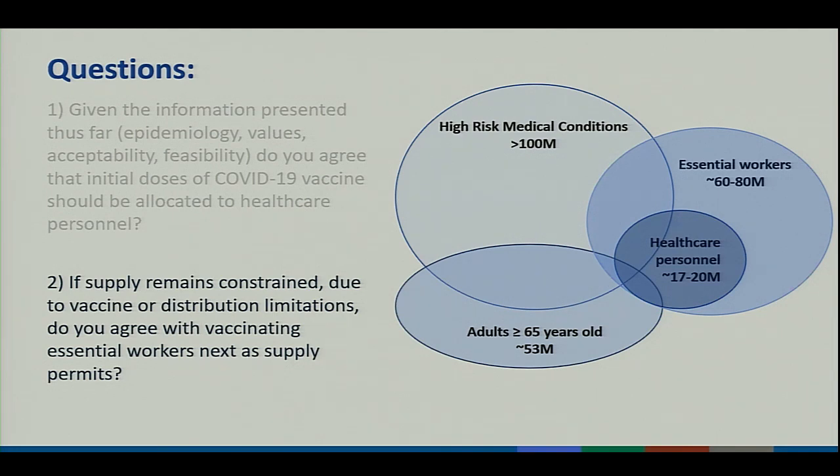Dr. Paling. All right. Thank you. I wanted to add to this conversation because I do agree that the data that has been presented to date highlights the importance of covering the healthcare personnel followed by the essential workers.